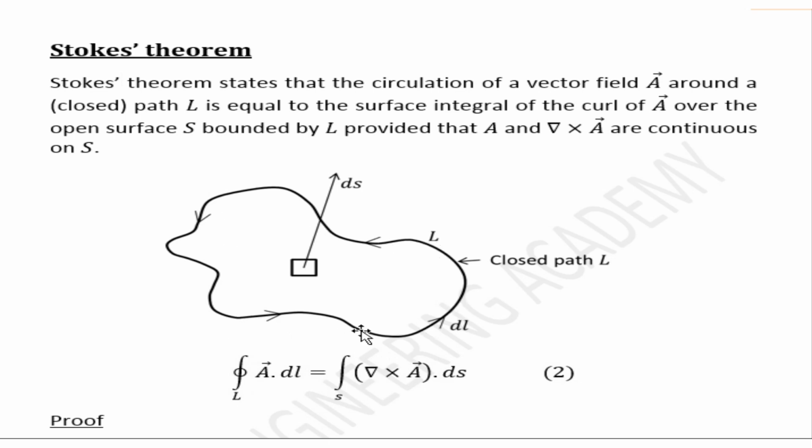See here, this is a closed path L. Now the Stokes theorem: closed integral over L of A dot dl is equal to integral over S of del cross A dot ds. Del cross A is the curl. So the circulation of a vector field around a closed path is equal to the surface integral of the curl over the open surface S, provided that A and del cross A are continuous on S. So that is Stokes theorem.